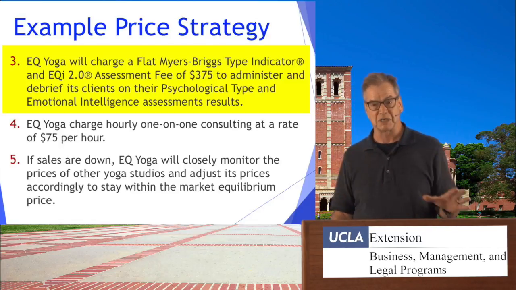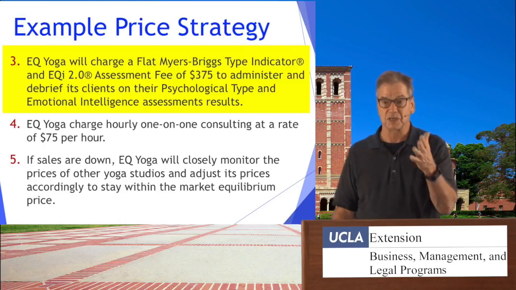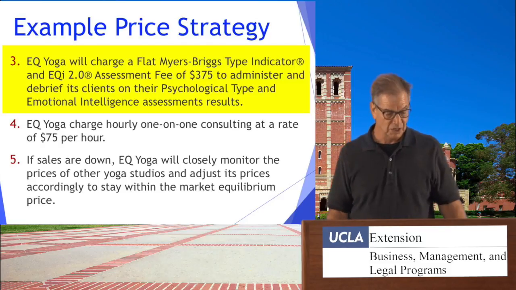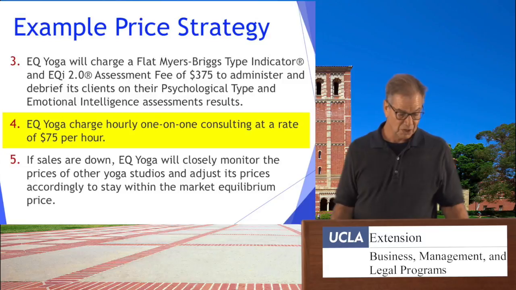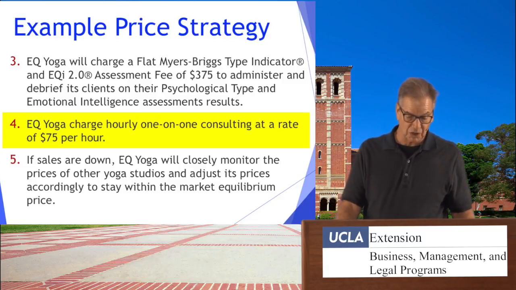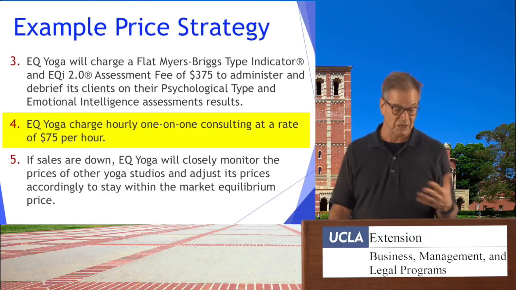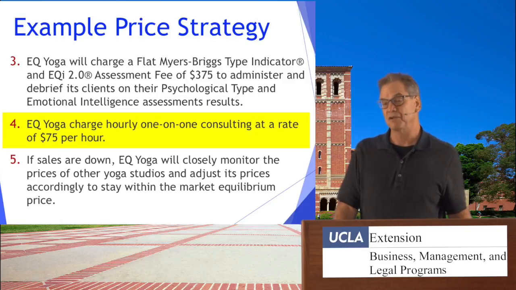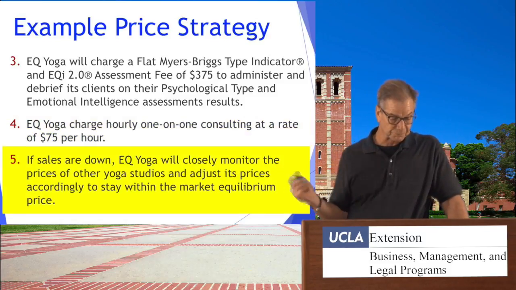So all customers coming into this business model, as part of the process of integration, take and complete the Myers-Briggs Type Indicator and the Strong Inventory for a base fee of $375. EQ Yoga will charge an hourly one-on-one consulting rate of $75 an hour, and a lot of studios charge $100 an hour, for developing unique practices, yoga sequences for the problems they're trying to solve.